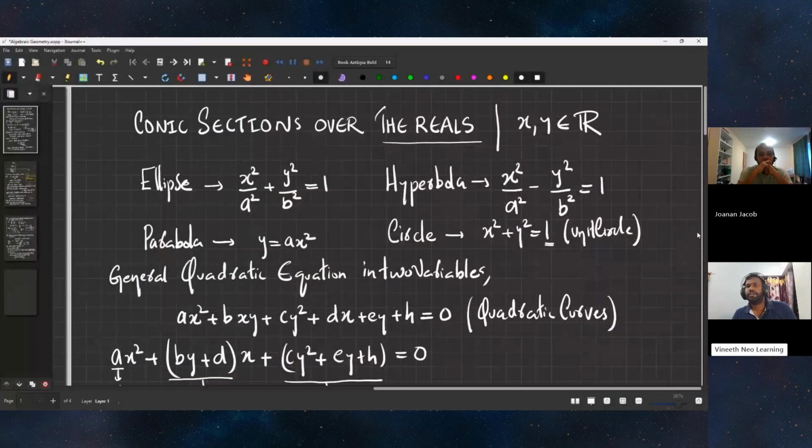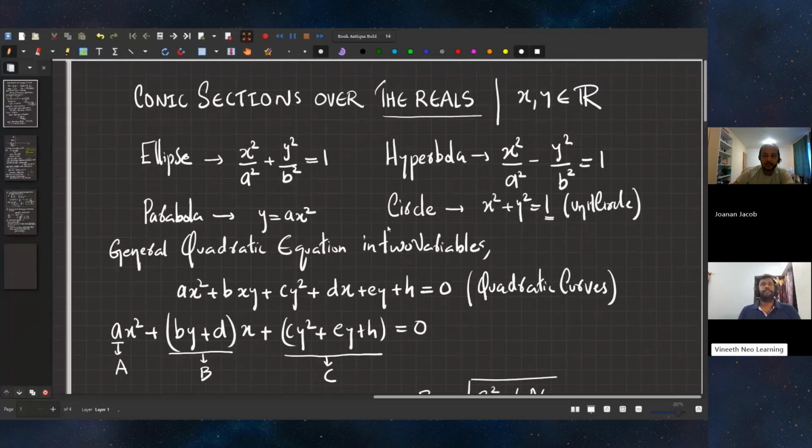Yeah. Okay, what we discussed in our previous class was conic sections over the real numbers, and we have seen that all conic sections are essentially quadratic equations in two variables. That's why they are known as quadratic curves.